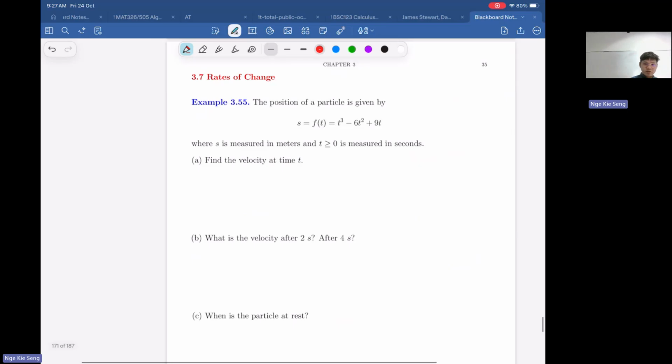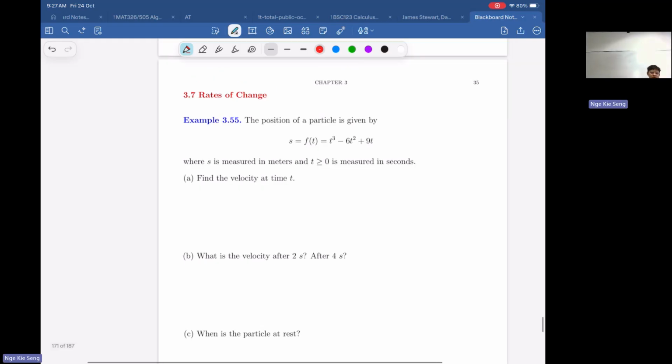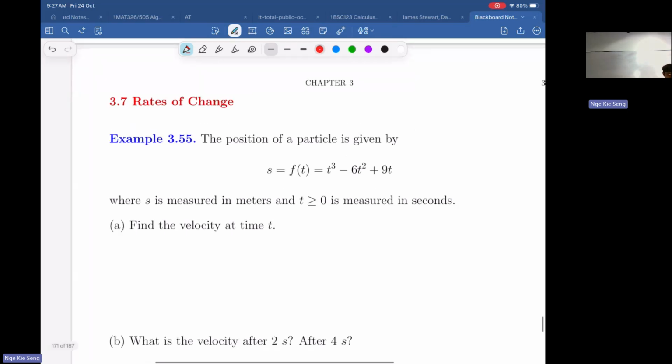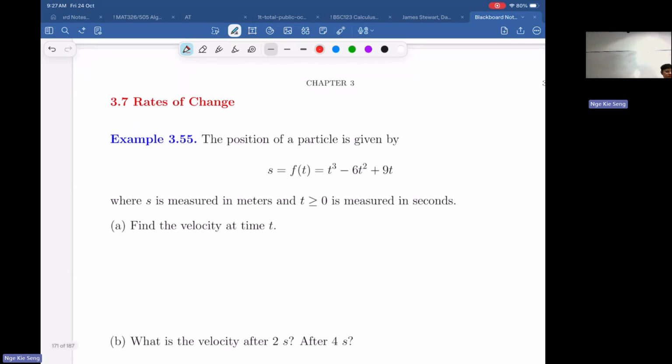This rate of change, is it worth discussing? Let me see. Okay, let's quickly do this rate of change. At the start of differentiation, we already discussed that we can realize the derivative as a rate of change of something.